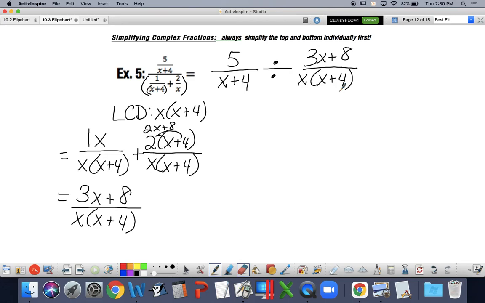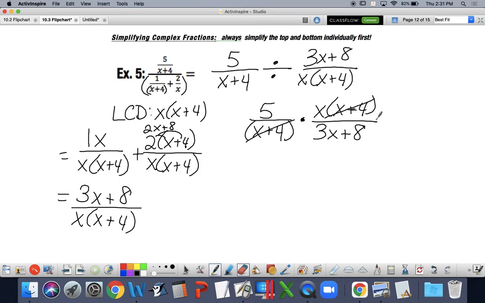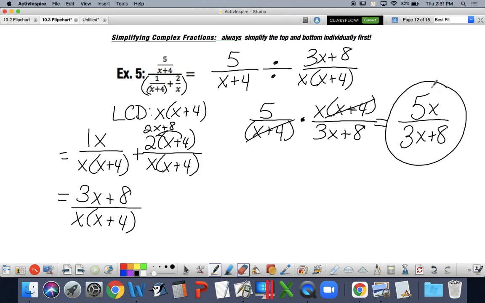I can change this from a division problem into a multiplication problem. I keep my first fraction, change to multiply, get the reciprocal, and then I see if there's anything I can cancel. Those x plus 4s. Multiply your numerators, multiply your denominators, final answer.